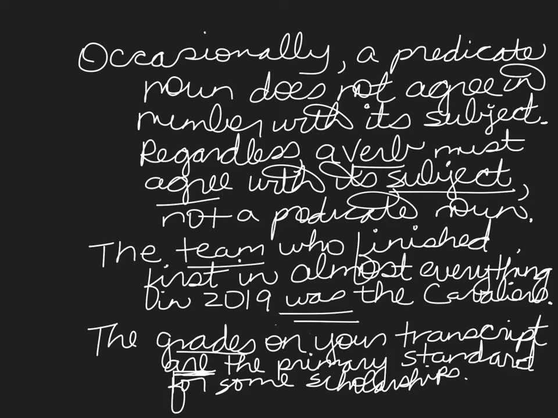And you say, are standard? Well, okay, I understand, but again, predicate nouns, like standard, do not have to agree with your verb. Subjects do. Grades is your subject, it's plural. Are is the verb. Grades are standard.